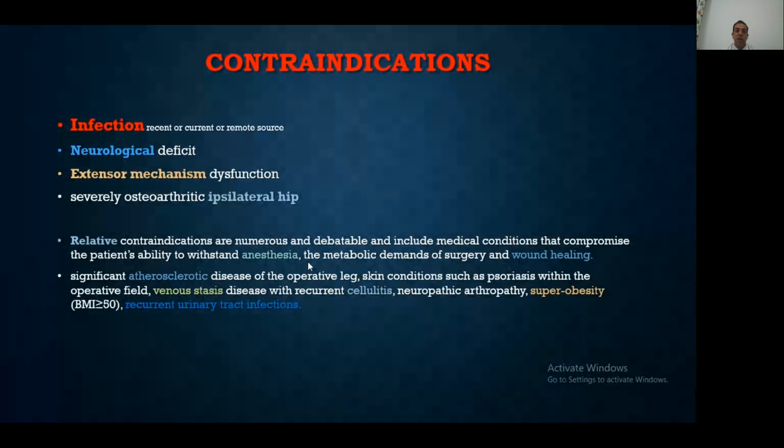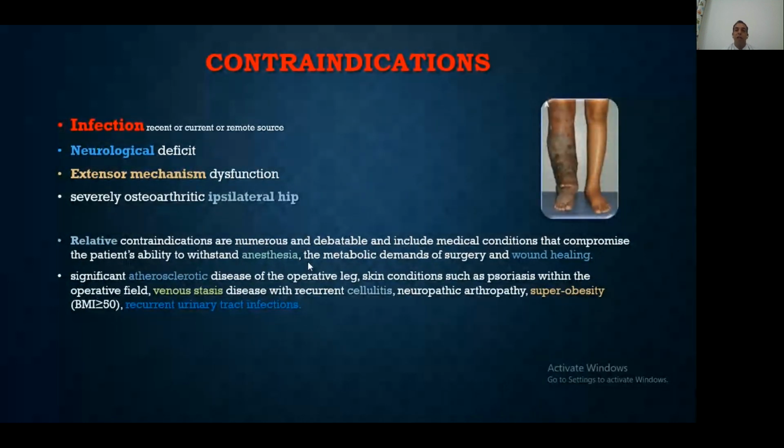Also, other conditions like atherosclerosis of the same lower limb will affect the circulation of this lower limb. If there is venous stasis, it will put the patient at high risk for DVT, which is a very serious problem for him. Also, if there is another infection like cellulitis, look at this picture.